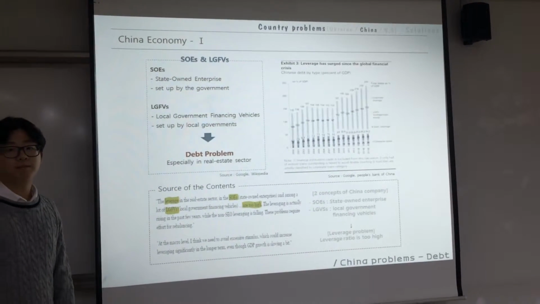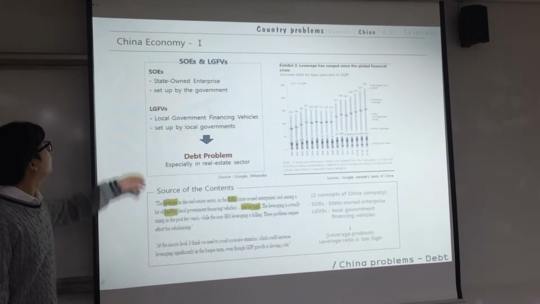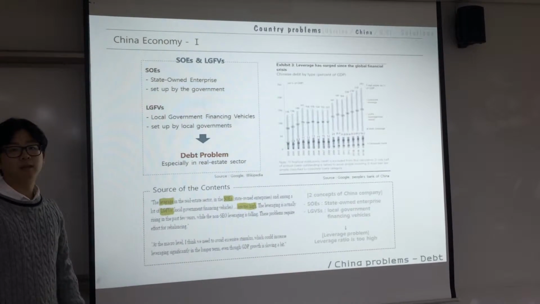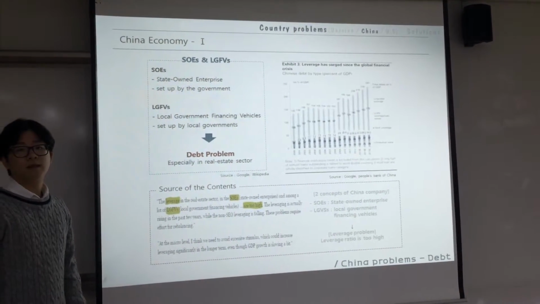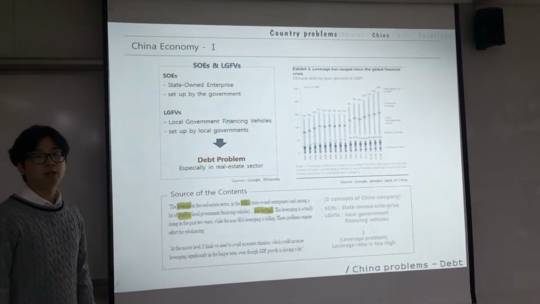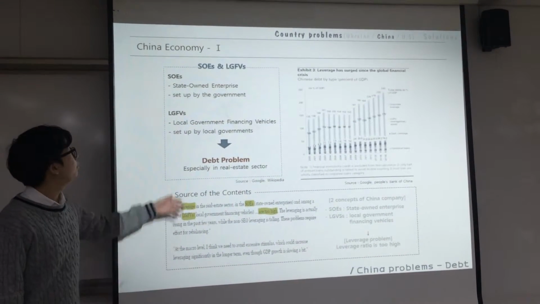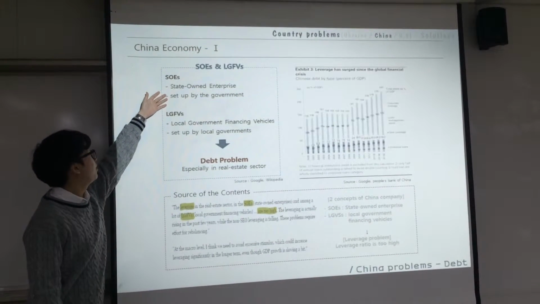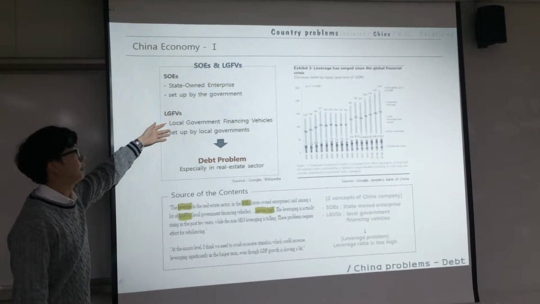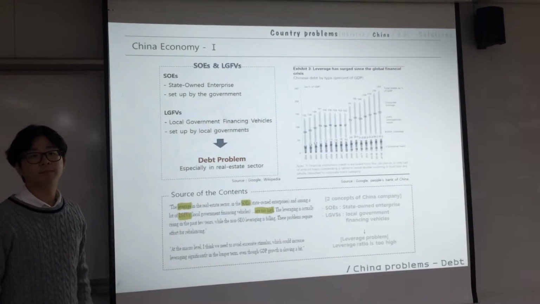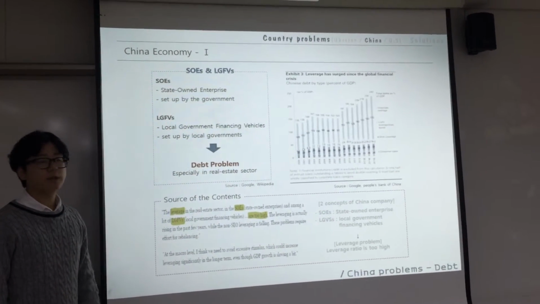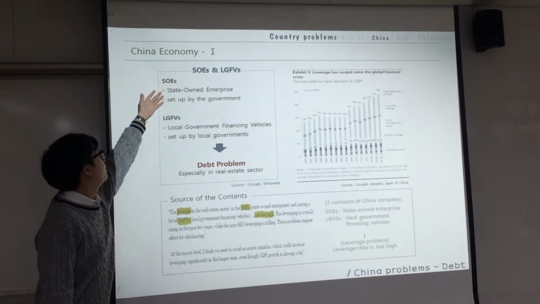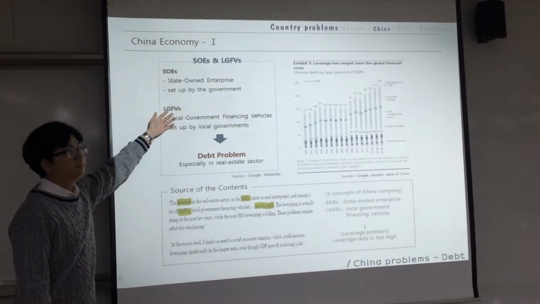Next, I will explain problems about China. Before explaining the Chinese economic problem, I will explain two concepts of companies: state-owned enterprises and local government financing vehicles. We usually call them SOEs and LGFVs.